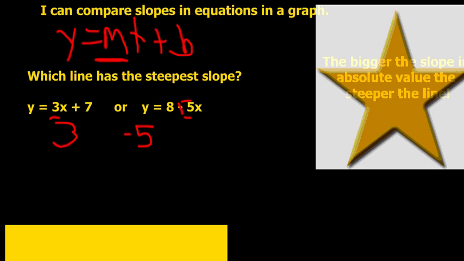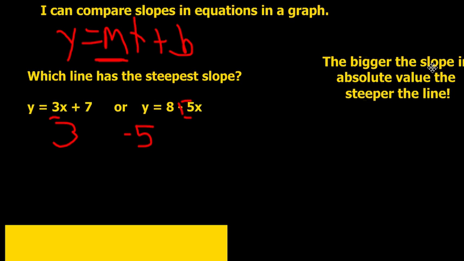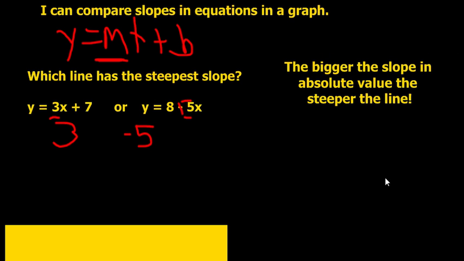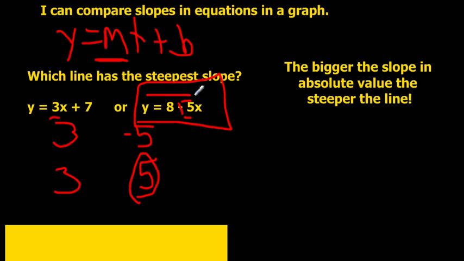So one way to think about it is that the bigger the slope in absolute value, the steeper the line. So the absolute value of 3 is of course just plain old 3, and the absolute value of negative 5 is 5. If I compare it, 5 is certainly larger, so when this line is graphed, it's going to have the steeper slope.